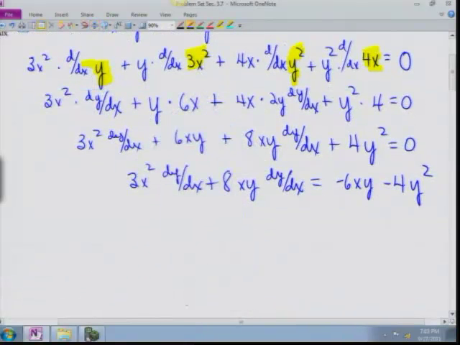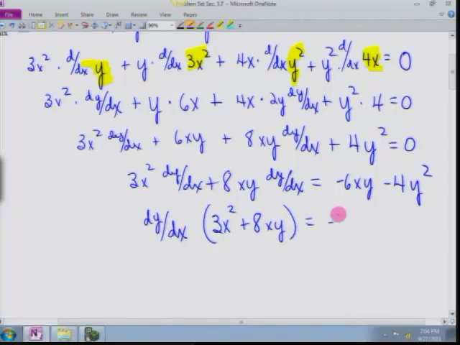Does that make sense so far? And we're solving. Remember, what we're solving for is the derivative, which is dy dx. So let's factor dy dx out. And we are left inside with 3x squared plus 8xy equals this thing.